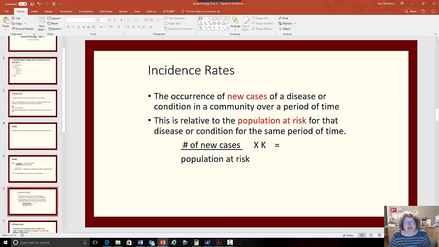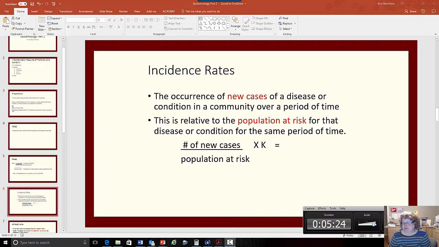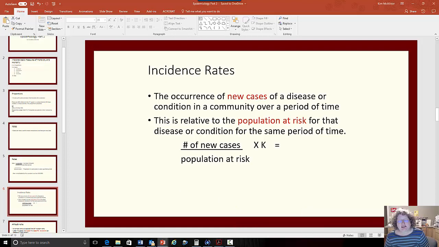So with an incidence rate, you have the number of new cases divided by the population at risk. Then you multiply it by our constant K, and you will get the incidence rate. So by looking at the incidence rate, you can determine an estimate of the rate of risk for the population over a period of time.